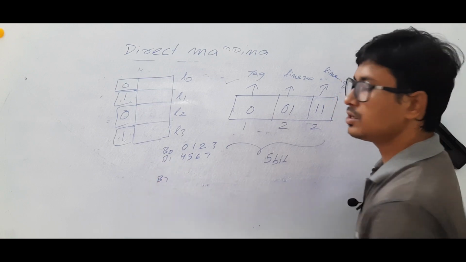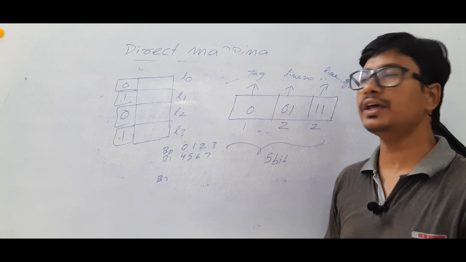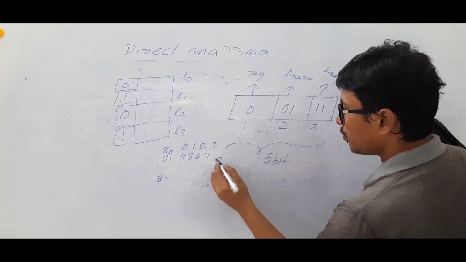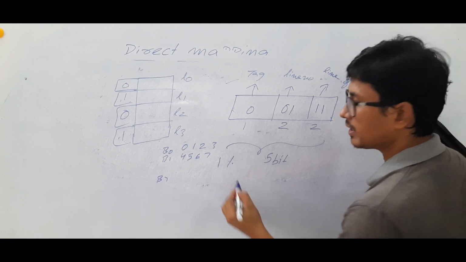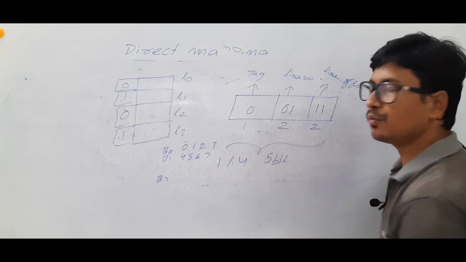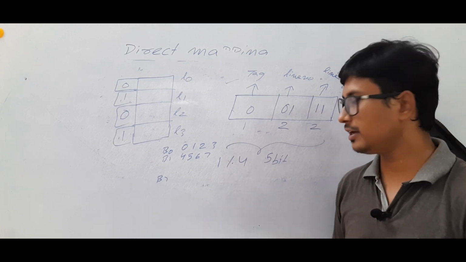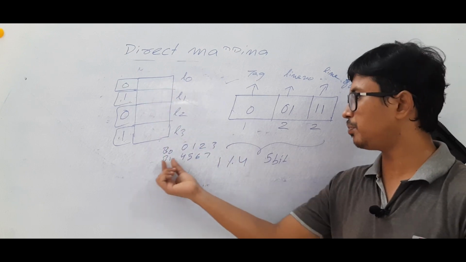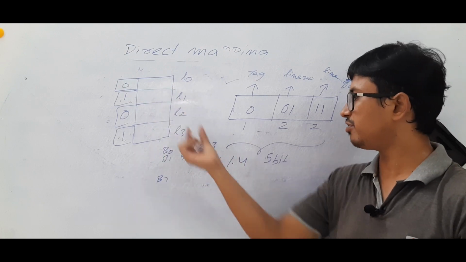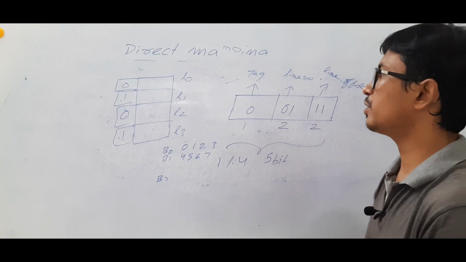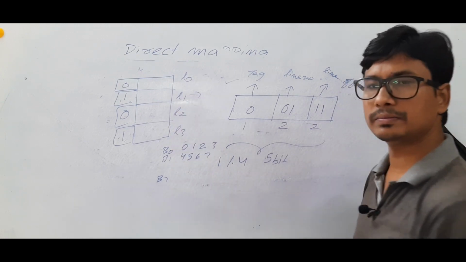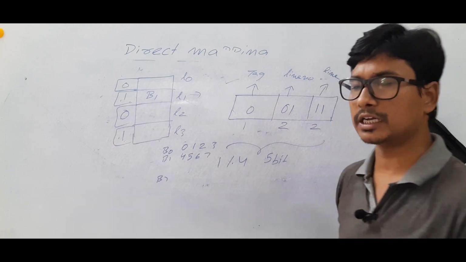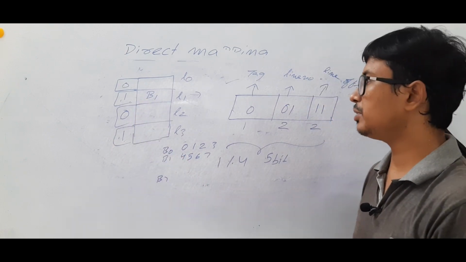So where can block number 1 be kept in a line? Block number 1 can be kept in line number 1. How do we get it? Block number modulus the number of lines in the cache memory. Block number 1, and the number of lines in the cache memory is 4, so I can keep it in line number 1. Are you able to understand?